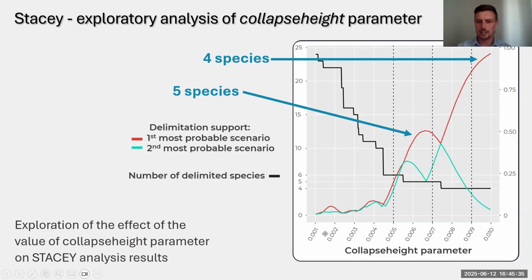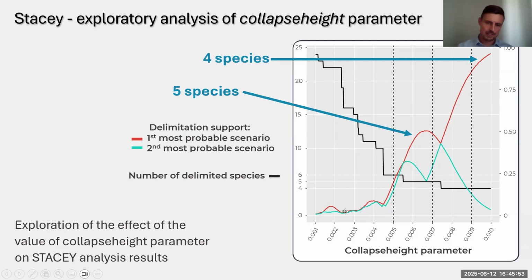So with the growing value of collapse height, we are getting fewer species, and the different delimitations are getting higher and higher support.